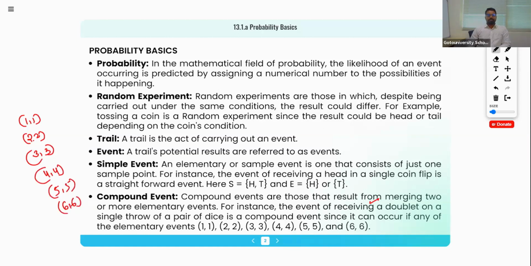That is a doublet. Totally, we will have 36 outcomes, and having a doublet is 6 outcomes. So this is 1 by 6, and this is a compound event because it has multiple simple events merged together. That's why it's called a compound event. Okay, let's see further definitions.